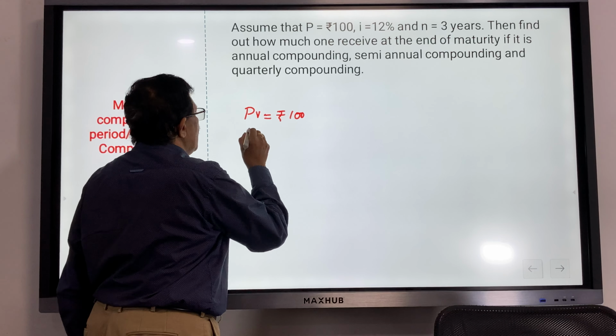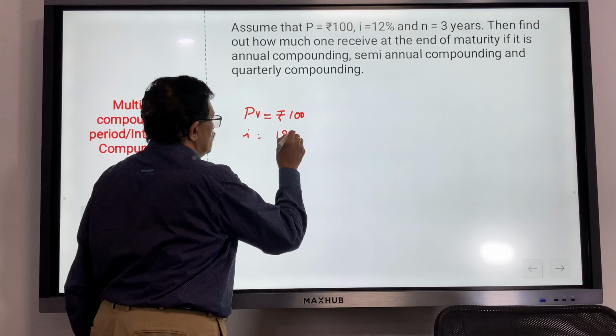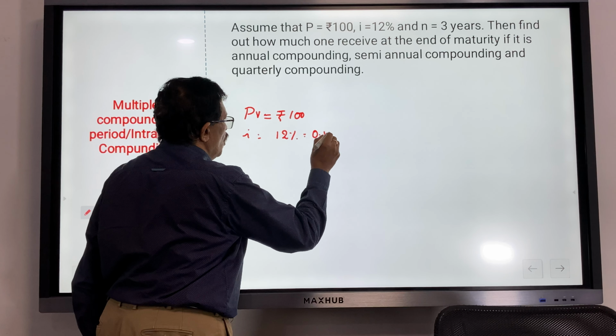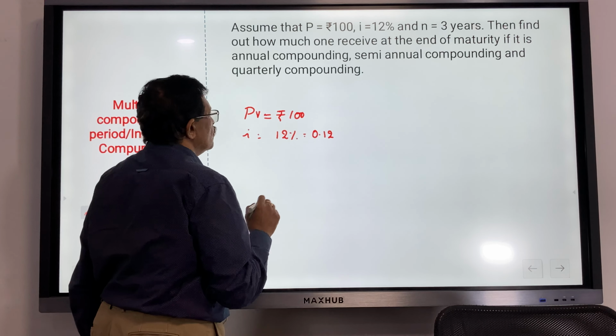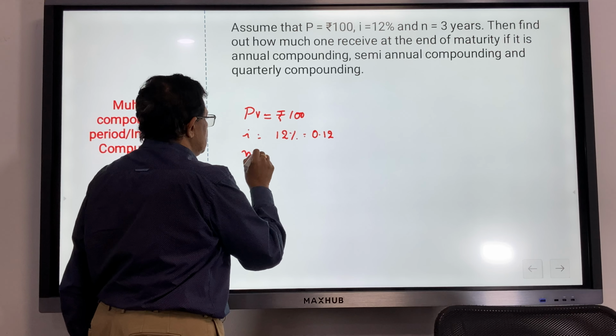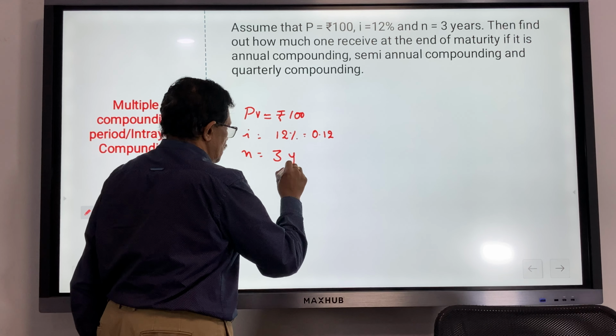I is given as 12%, and we can take it as 0.12. Then N is given as 3 years.